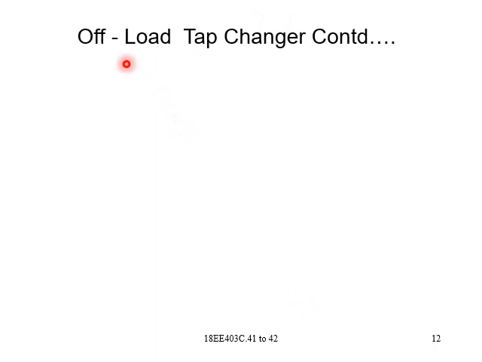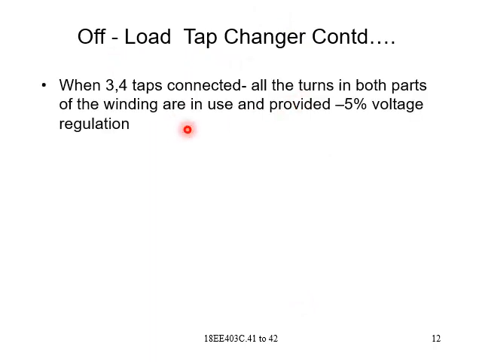In continuation with the offload tap changer, when the third and fourth taps are connected, you can see in the diagram that all the turns in both parts of the windings are in use, and it provides 5% voltage regulation.